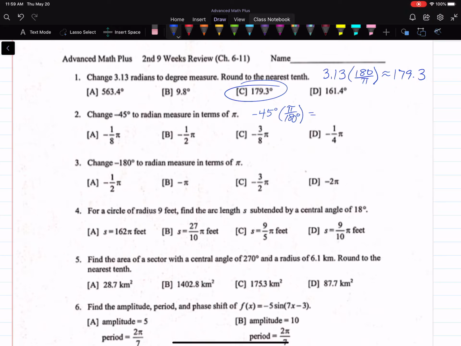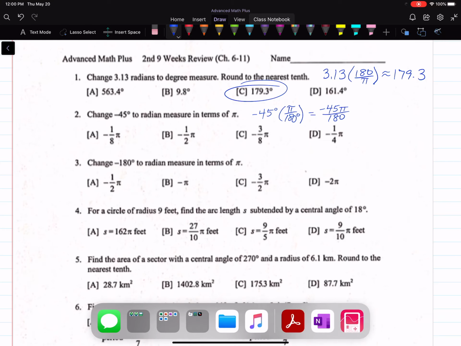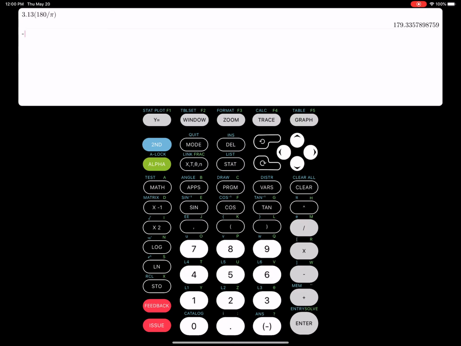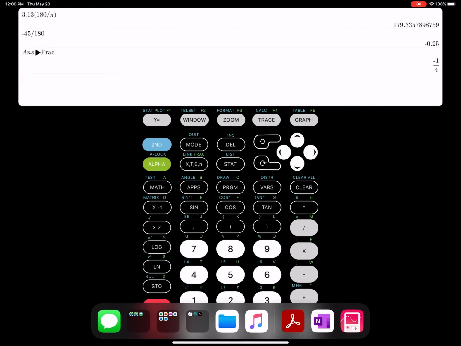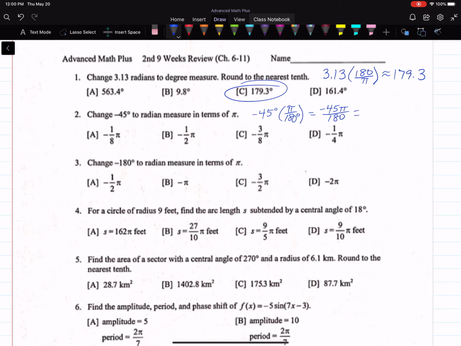You just got to figure out what is negative 45 pi over 180. What does that reduce to? So again, you can grab your calculator and just type in negative 45 divided by 180. Notice I'm not putting the pi in. Hit enter and then hit math, enter, negative 1/4. So negative 1/4 pi is your answer, which is D. Very good.